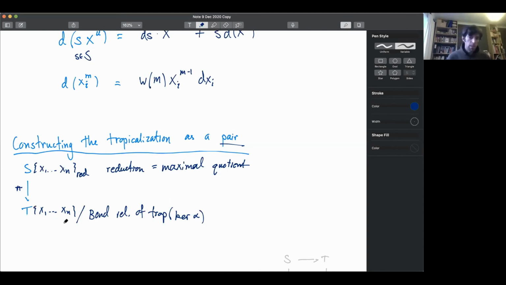So this thing here, this pair of a differential semiring over a non-differential semiring is what I'm going to call the tropicalization, tropicalization with respect to this presentation alpha of A.